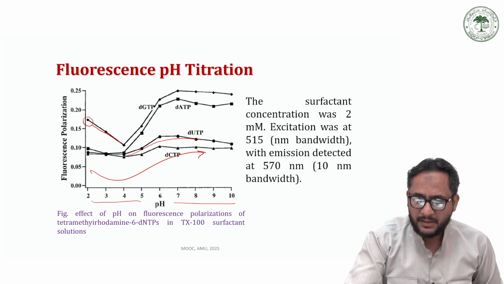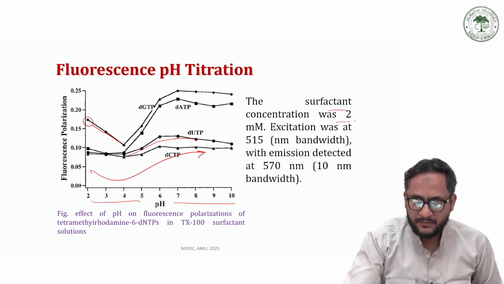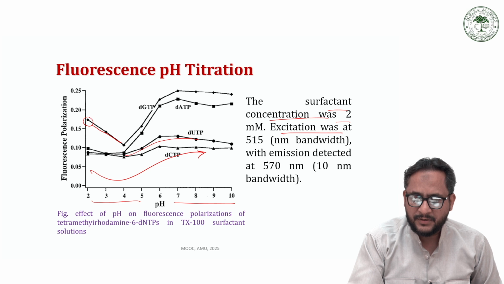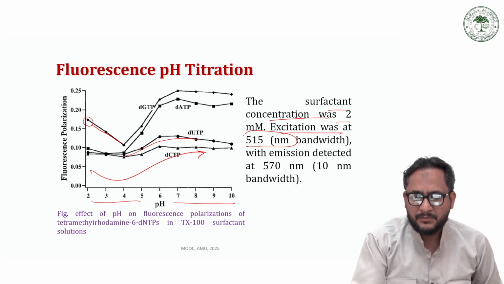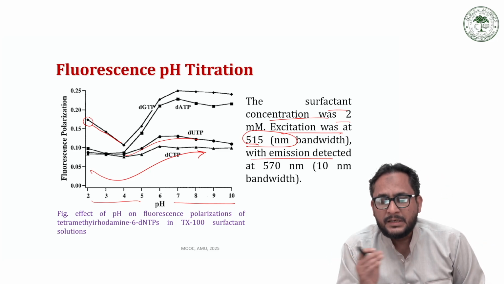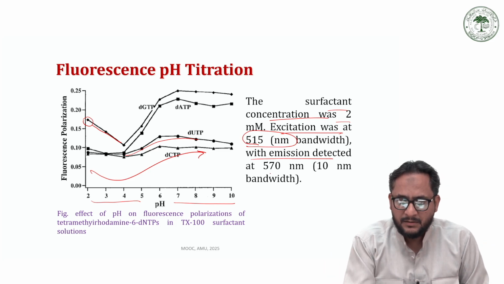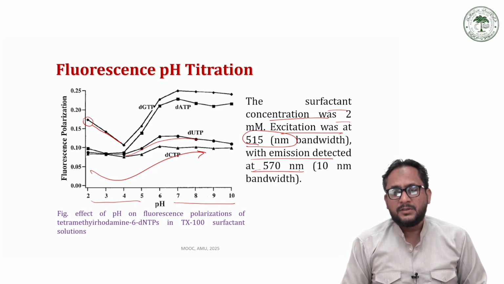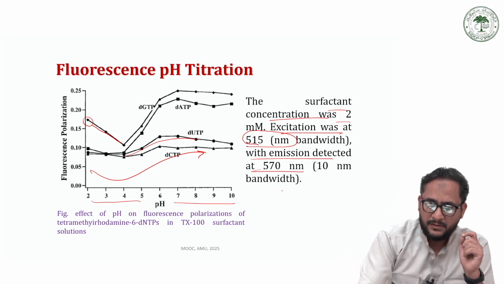In this particular case, we have used 2 millimolar concentration, and the excitation of this surfactant, meaning the absorption of light, happens at 515 nanometers, while the emission, because emission always occurs at longer wavelength, always towards the right hand side, occurs at 570 nanometers. So there is a difference of 55 nanometers.